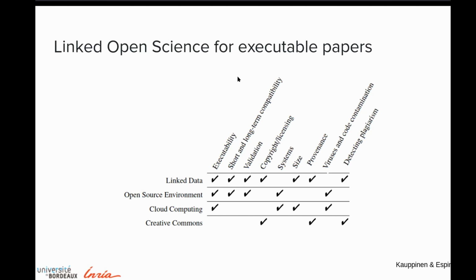So it should, of course, be executable, and this can be done using the first 3 tools that I presented to you: putting your data on the web and making it interactive through cloud computing in an open source environment. I won't go through them all, but you can look at it. And something also interesting: the provenance of the data can be traced using linked data.